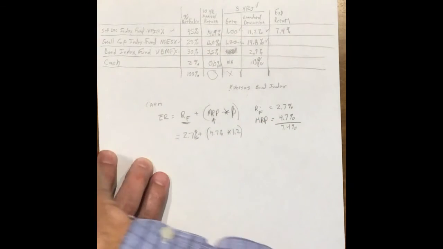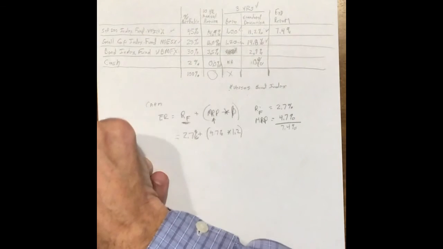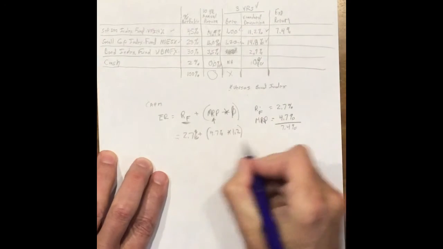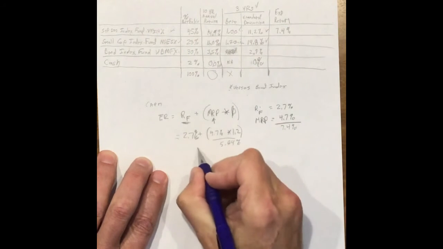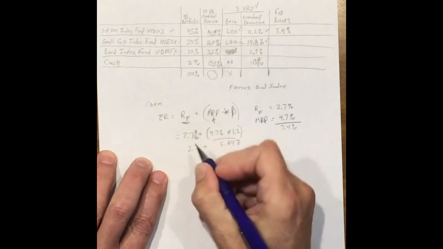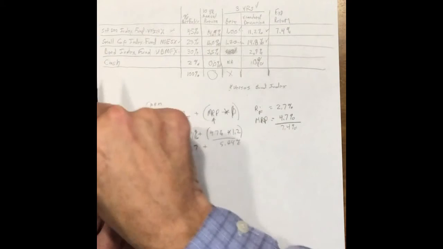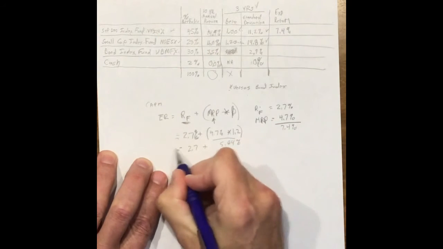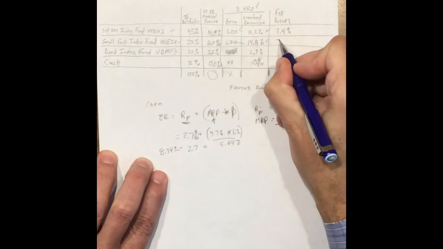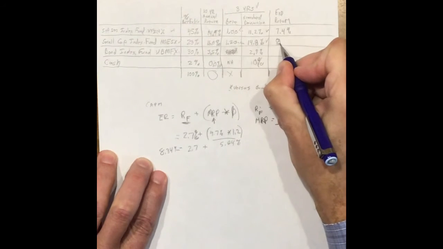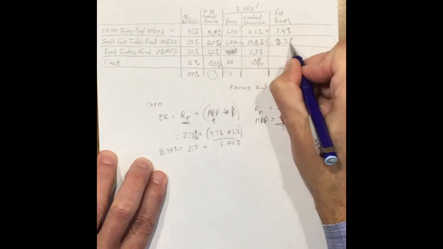So that comes out to be 4.7 times 1.2. This is 5.64%. Add the 2.7. And you get 8.34%. So I'll just round that to 8.3%.